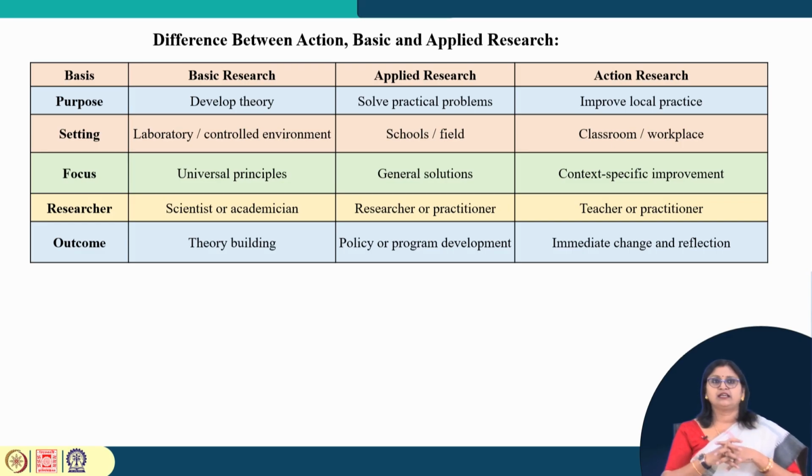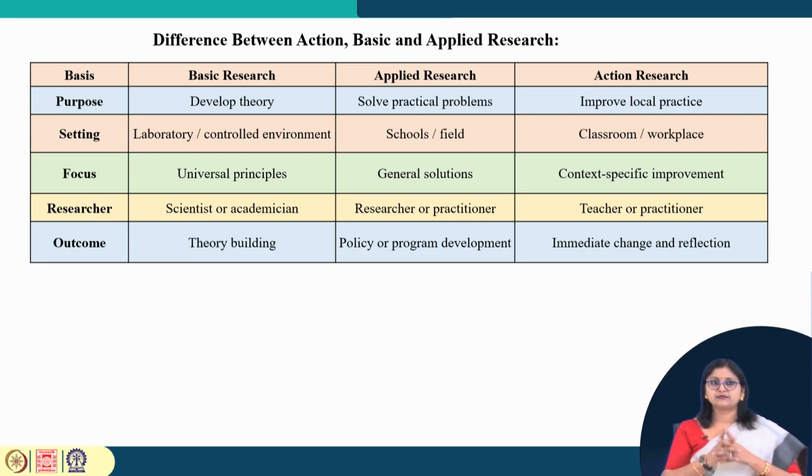So, here I have given the difference between the three types of research: basic research, applied research and action research, on the basis of purpose, setting, focus, researcher and outcome. These are the criteria. You can see that I have made a type of rubric where the basis is on one side and the three research types are there.